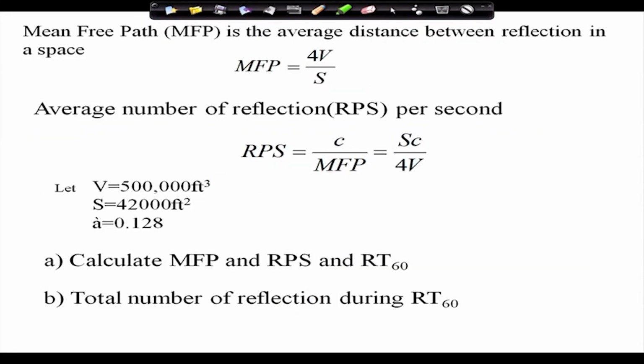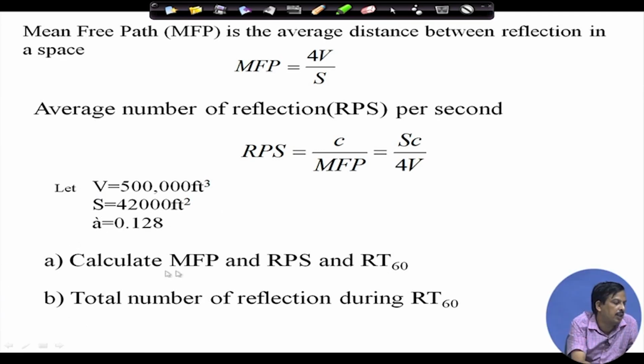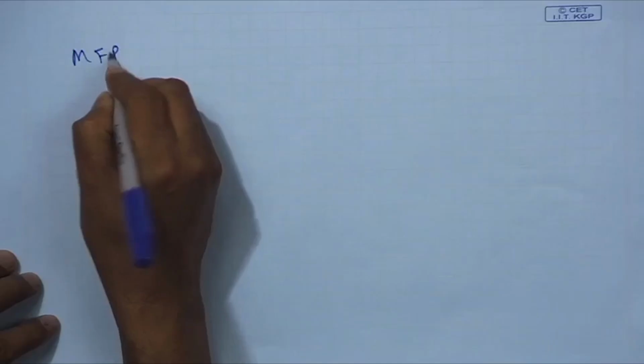There is an example I have given here. An auditorium has a volume V, surface area S, and average absorptivity given. Calculate the MFP, the reflections per second, and RT60. So, first is the MFP. What is V?